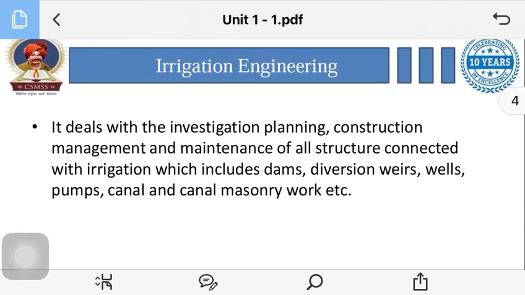Next, what is irrigation engineering? Irrigation engineering deals with the investigation, planning, construction, management and maintenance of all structures connected with irrigation, which includes dams. Everyone knows about dams.